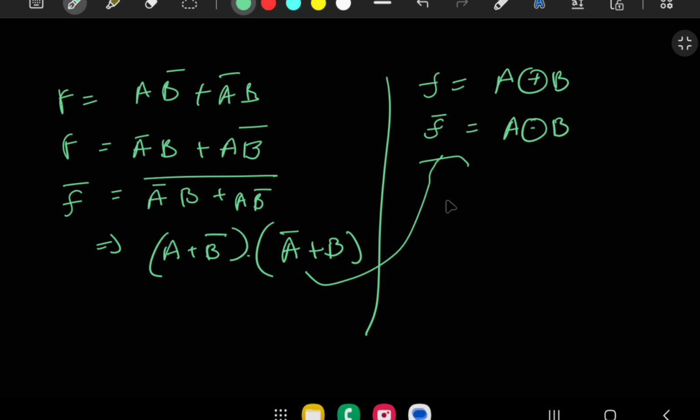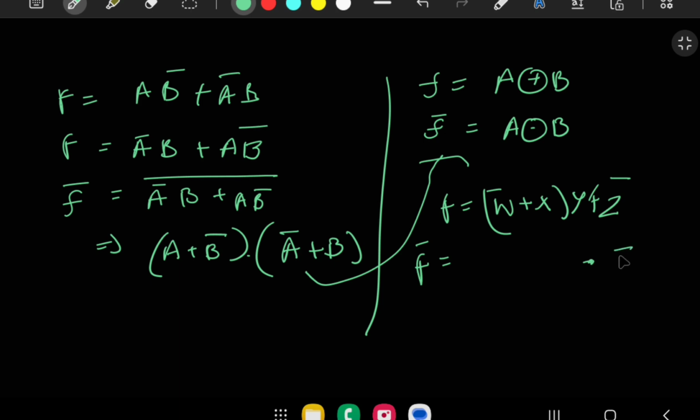Now what is the complement of this function? This is your function, and for this the complement will be: OR will become AND.